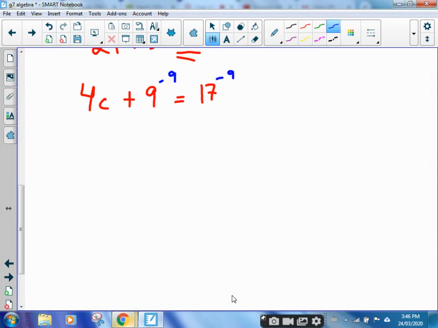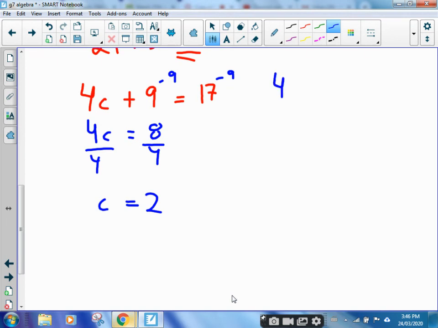So I'm going to subtract 9 from both sides. I'm going to rewrite it. Divide both sides by 4. Okay, so I've solved this problem, and C is equal to 2. Now I'm going to use substitution over here on this side to see if this is true.